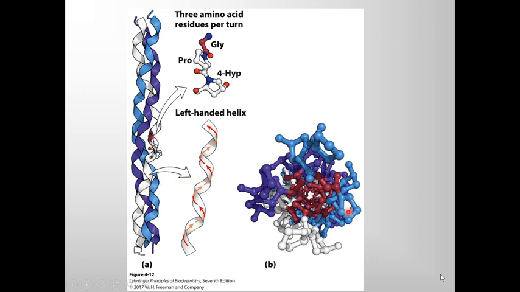The 3-stranded collagen superhelix shown from one end in a ball and stick representation is what is shown here. When you show the ball and stick, you have to understand that you're showing individual atoms of amino acids.